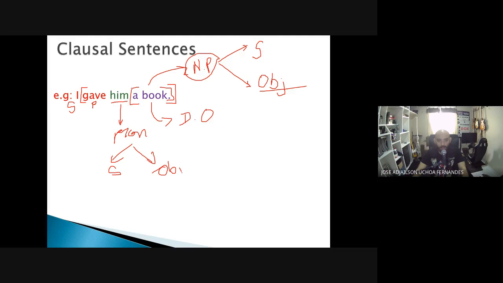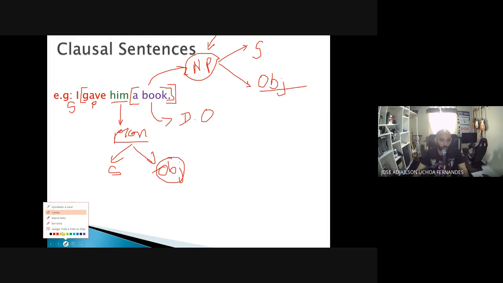Do you see the similarities between pronouns and noun phrases? They both behave either as the subject or the object. They are either subjective or objective pronouns. In this case, him, how do we call him in traditional grammar? Subjective pronoun or objective pronoun? Objective pronoun, because it functions as the object.